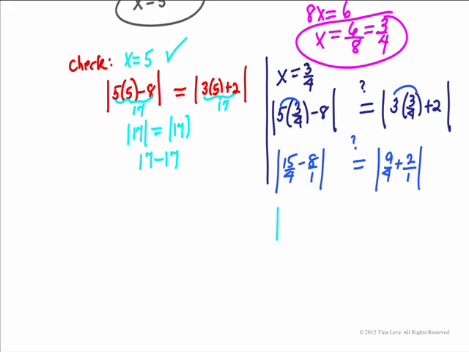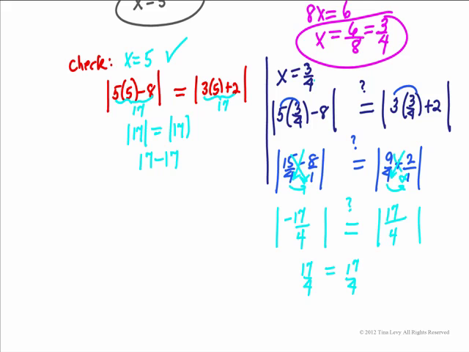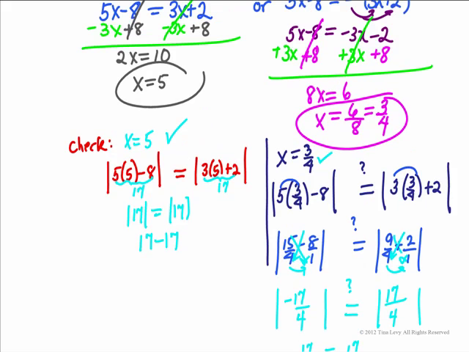What I get here is the absolute value of 15 minus 32, negative 17 over 4. And on this side, absolute value of 9 plus 8, 17 over 4. So sure enough, the absolute value of the negative one is 17/4, and the absolute value here is 17/4. So we did check off. We can see from this that both of those were solutions.